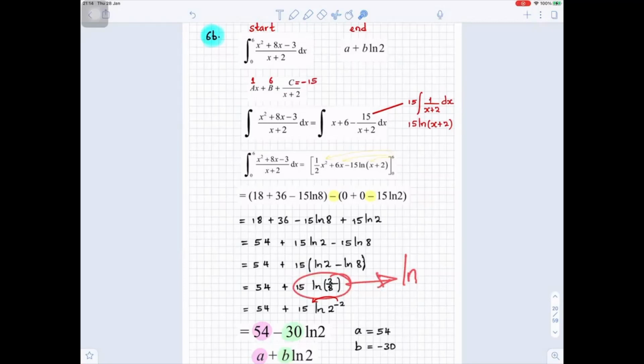Ln of 2 over 8 is ln of 1 over 4, which is the same as ln of 1 over 2 squared, because 2 times 2 is 4. And 1 over 2 squared is the same as 2 to the minus 2, so it is ln 2 to the minus 2. The minus 2 comes in front, and multiply with the 15 to get minus 30.